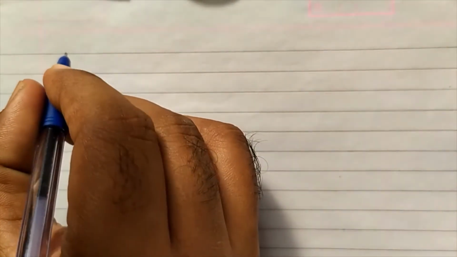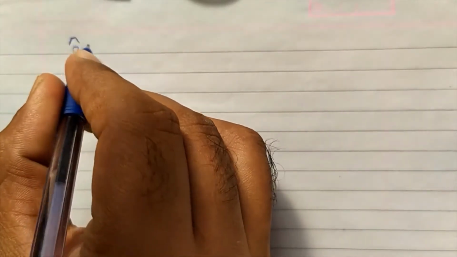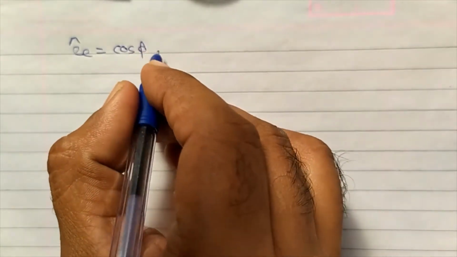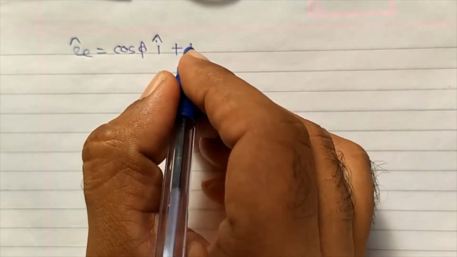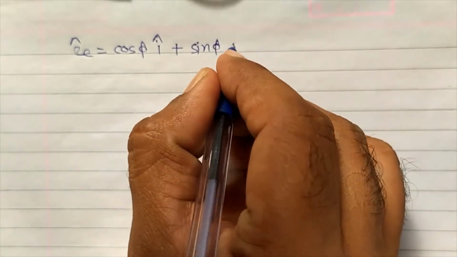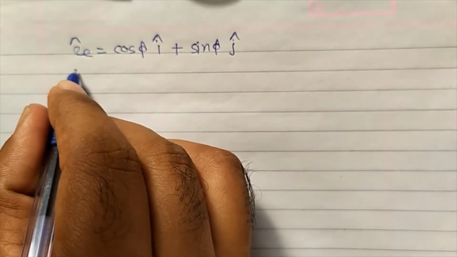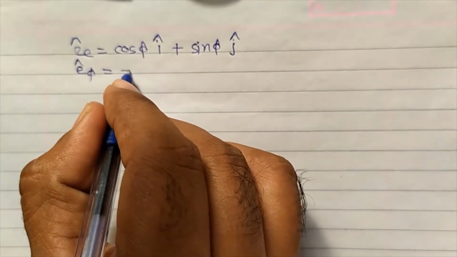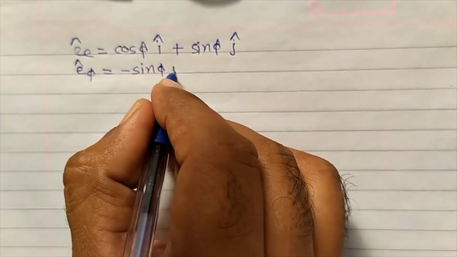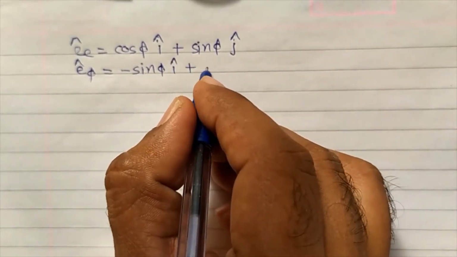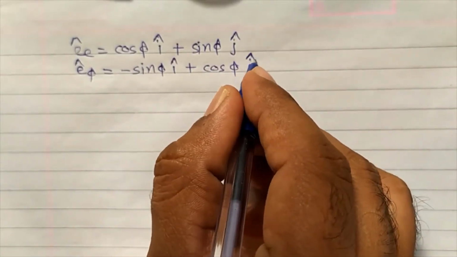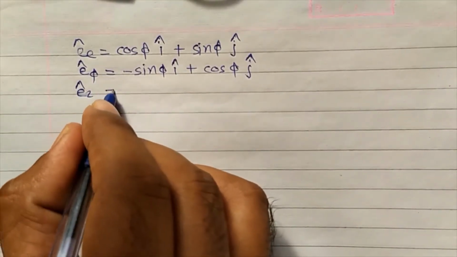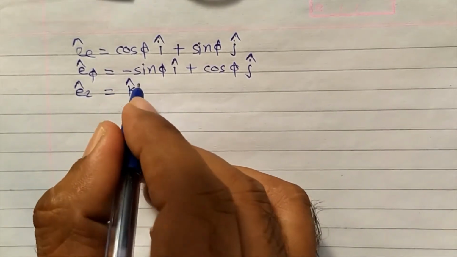In the last lecture, we obtained unit vectors in the cylindrical coordinate system. Those unit vectors were: e rho cap is equal to cos of phi i cap plus sin of phi j cap; e phi cap is equal to minus sin of phi i cap plus cos of phi j cap; and ez cap is equal to k cap.